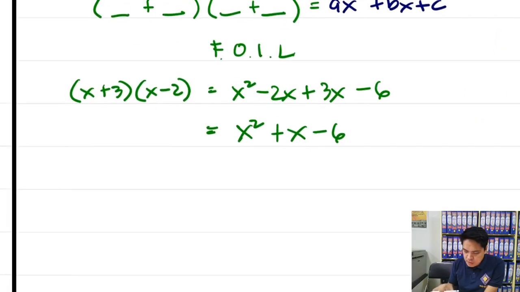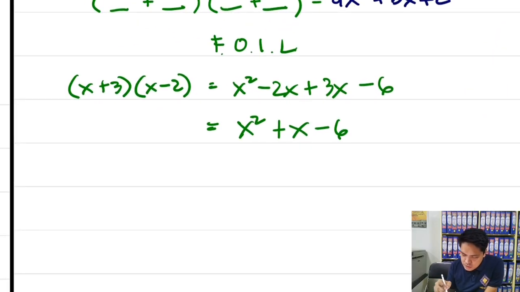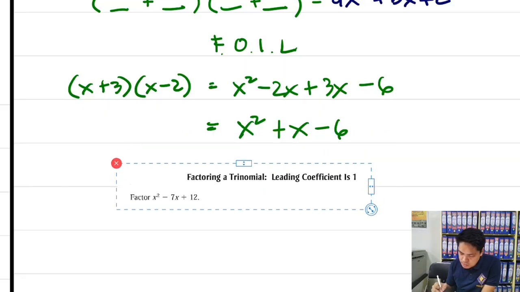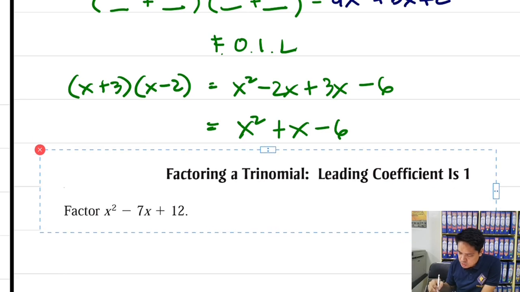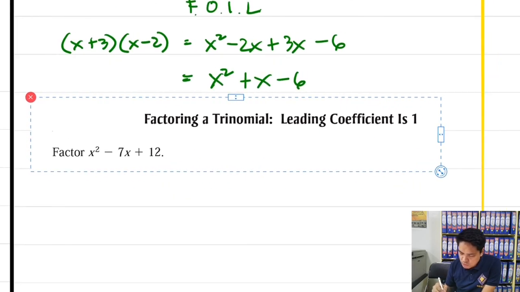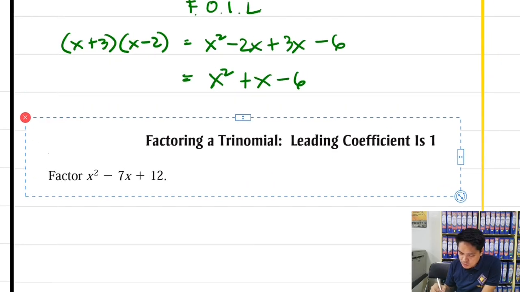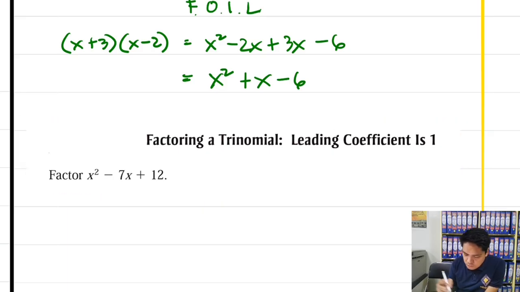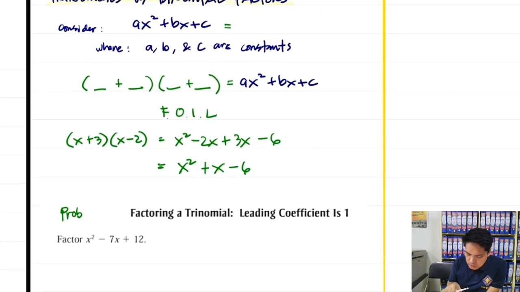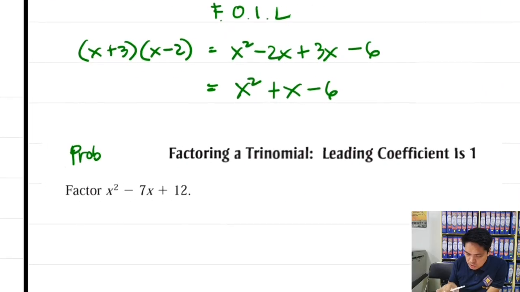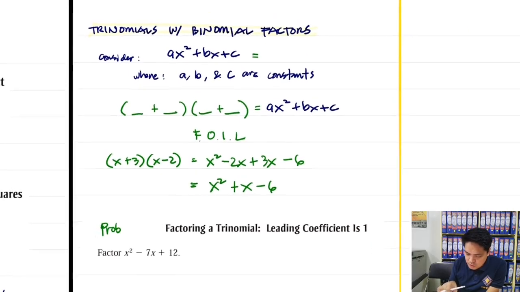Okay? Let's just take this example or this problem to illustrate how we reverse this process. Okay. By the way, if you practice these problems, I think it will be faster ang pag-solve ninyo ani.